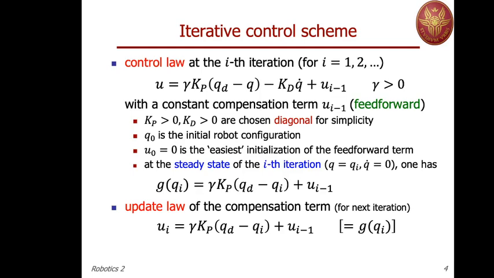So from there we can do the update law. In the implementation, we will use the expression on the left-hand side, but we know that for analysis this will be equivalent to the gravity in the configuration that we have just reached.